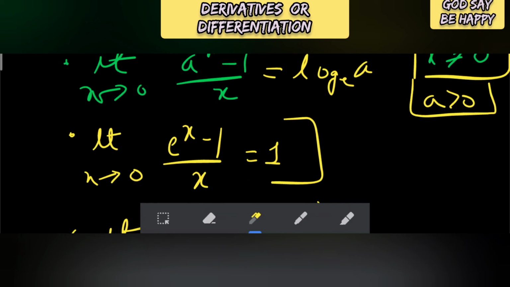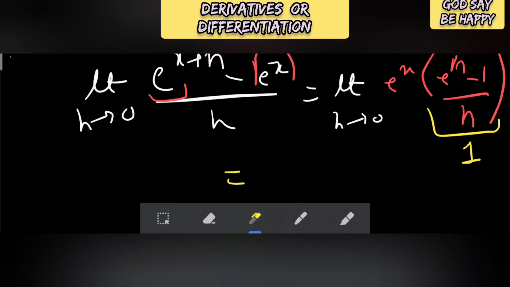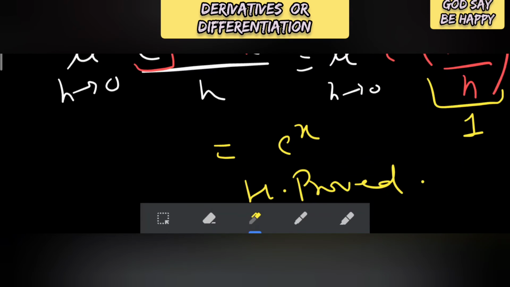So let's apply this. So e to the power x is the derivative, and hence proved. And now you should be well learned with those formulas to solve the trigonometry.